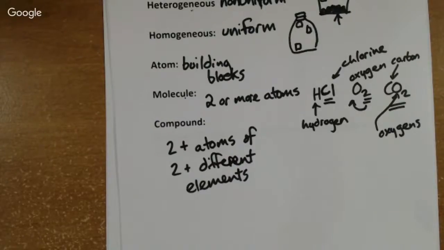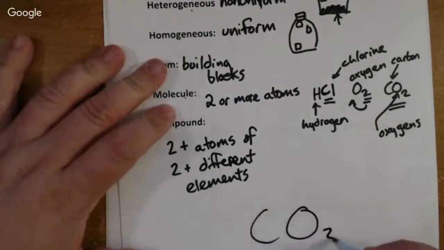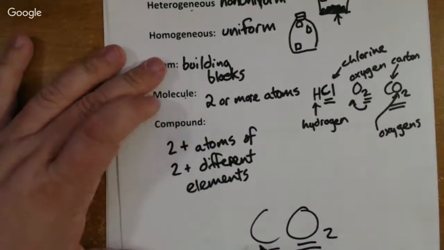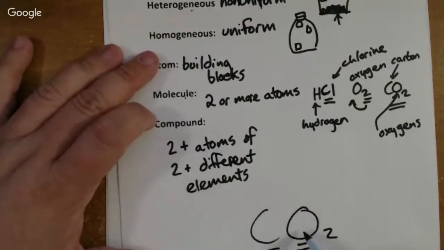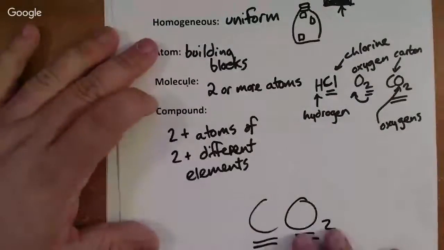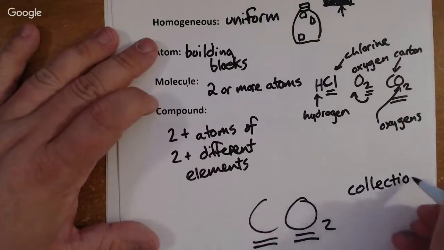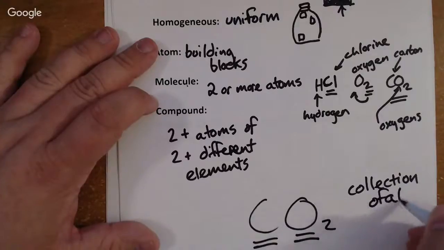Okay, so you're both correct that it is a compound. If you look at CO2, it has carbon and it has oxygen. It has more than one atom that shows up here. So it wouldn't be appropriate to call CO2 an atom, but it is a collection of atoms.